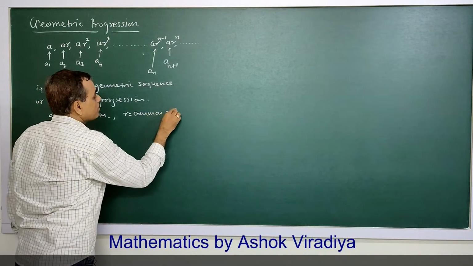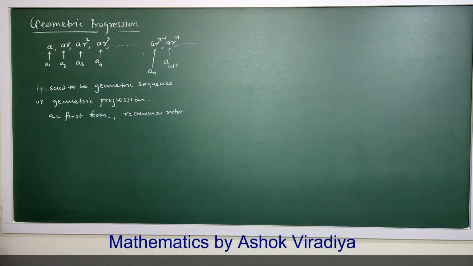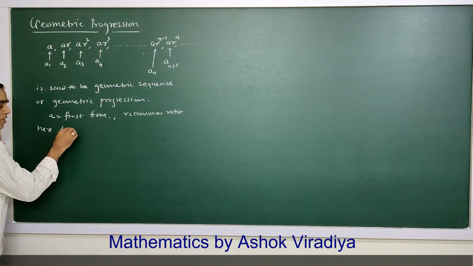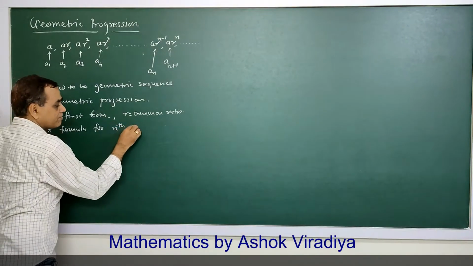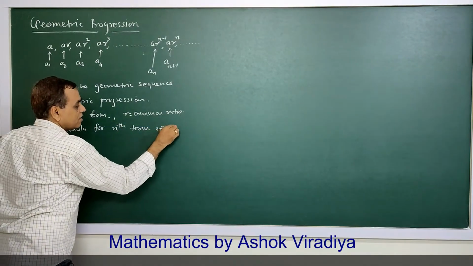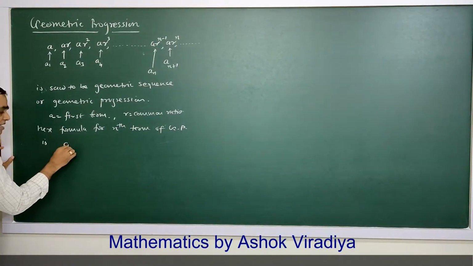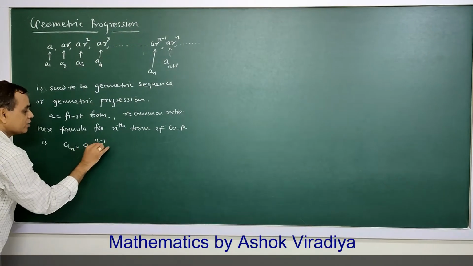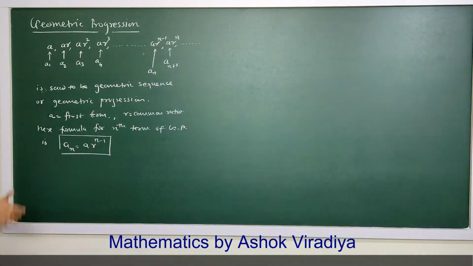So here formula for nth term of geometric progression is an is equal to a into r raised to n minus 1. So this is formula for nth term of GP.